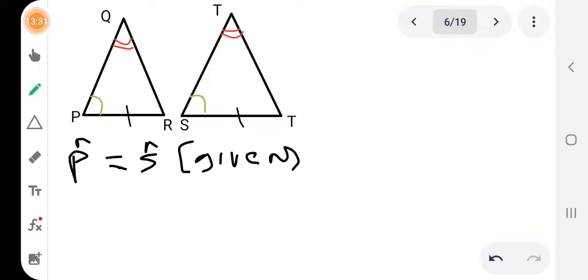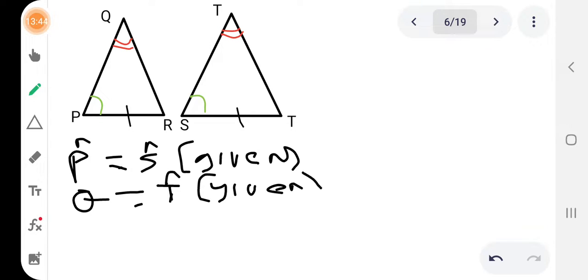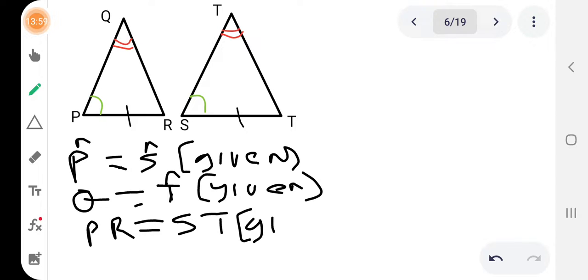Another angle is Q, angle Q is equal to angle T. Your reason here is also given. So we are given two angles, and the other side is PR is equal to ST. Remember, you're also given this side.